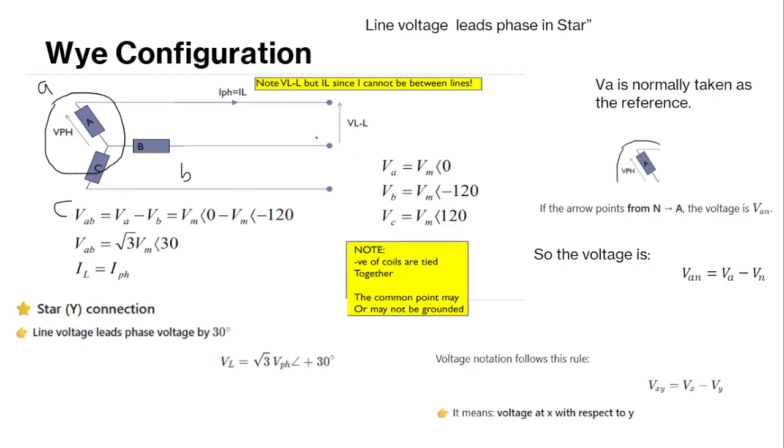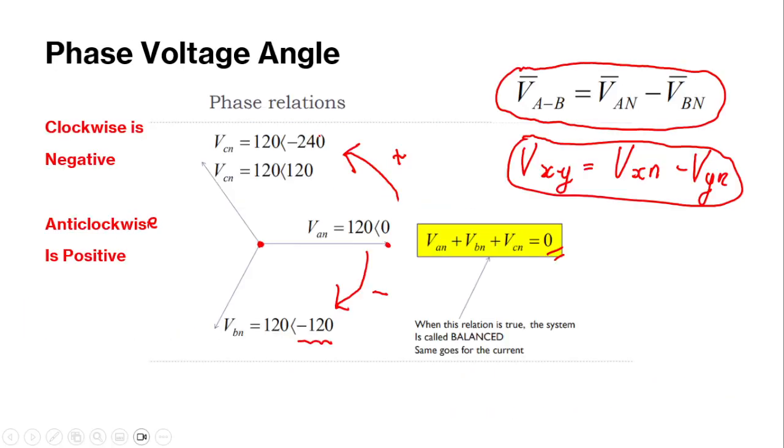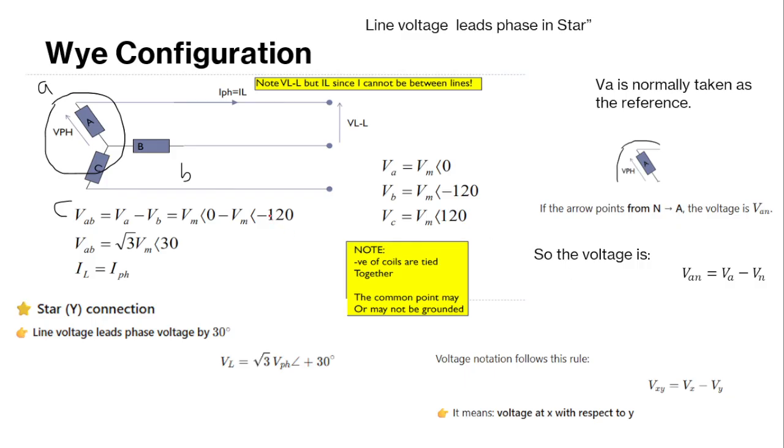Cool. Right, so the first type of configuration we have is the Y configuration. So in the Y configuration, we have three phases. You have a reference, which is basically just ground. So first thing we'll start with is VA, which is the A phase, normally taken as the reference, right?